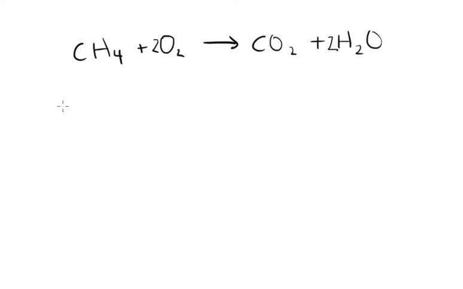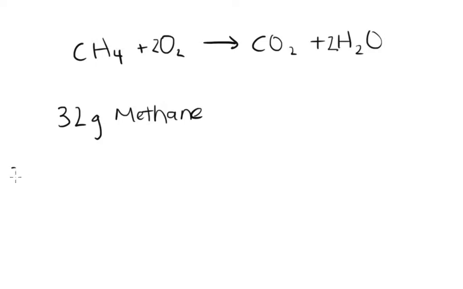So let's say, I'm just going to pull a number here, we have 32 grams of methane. And we want to see how many grams of carbon dioxide there will be. So let's use stoichiometry.